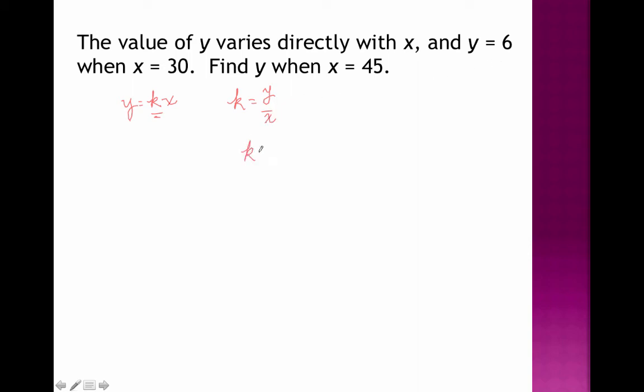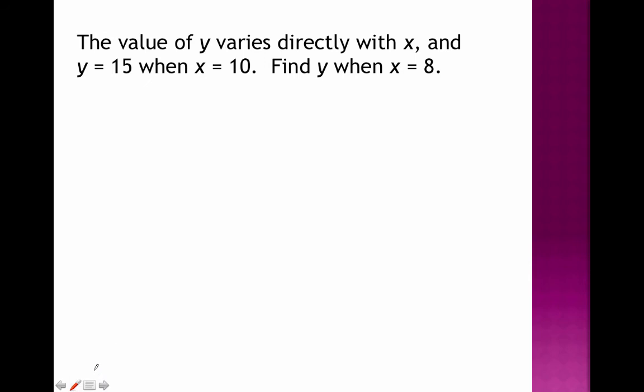So my k equals a y of 6 over an x of 30, which means my k is 1/5 when it's simplified. Now I've got an x value of 45, so my y equals 1/5 of 45, so my y equals 9 when my x value is 45.